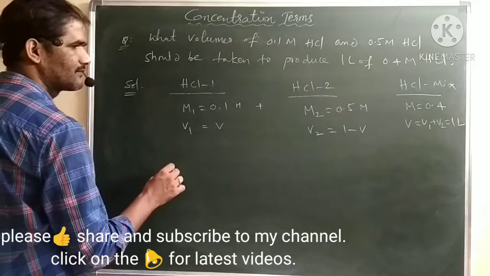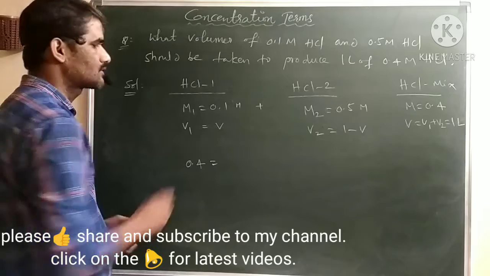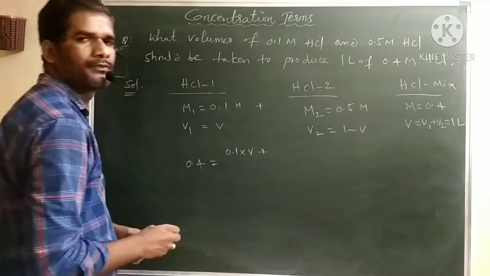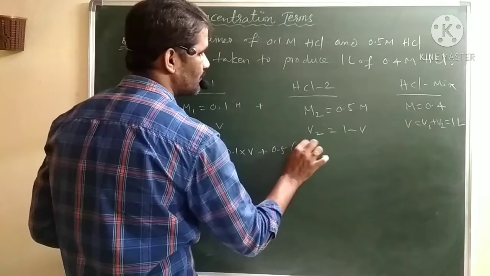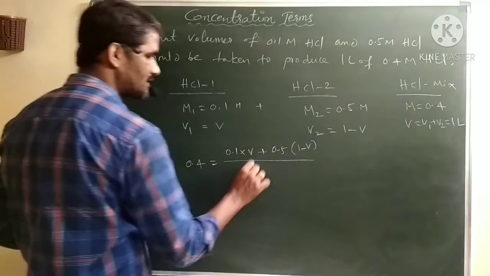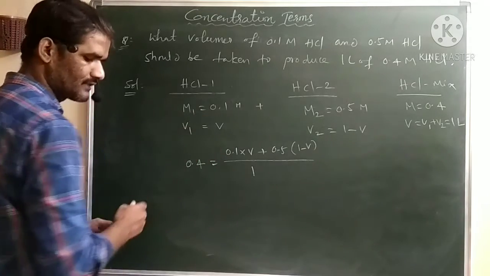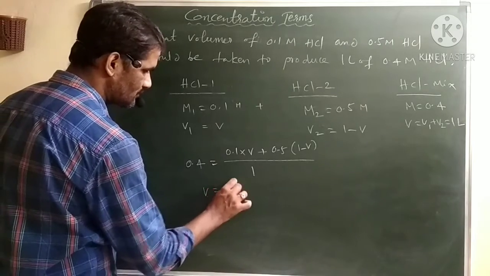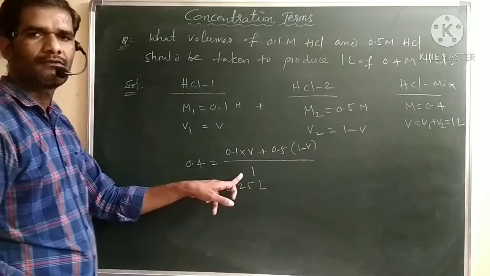So from this you can apply that formula. The resultant is 0.4 molar, equal to M1V1, that is 0.1 into V, plus M2V2, that is 0.5 into (1 minus V), by the total volume of 1 liter. If you solve this, we get V equal to 0.25 liters, because we have taken volume in liters.